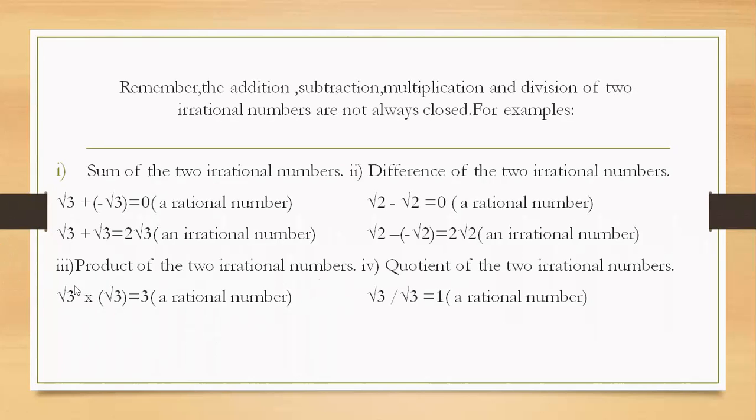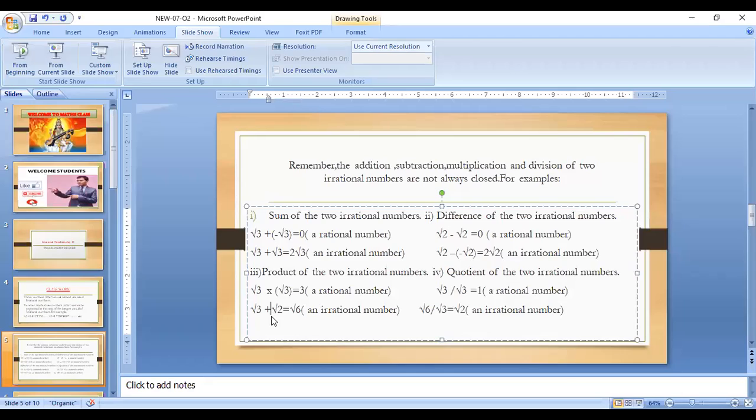When you multiply an irrational with an irrational, square root 3 with square root 3, the answer is rational. Square root 3 divided by square root 3, irrational divided by irrational, becomes a rational number. Here there must be a multiplication sign. If you multiply two irrational numbers, sometimes the answer may come irrational also.